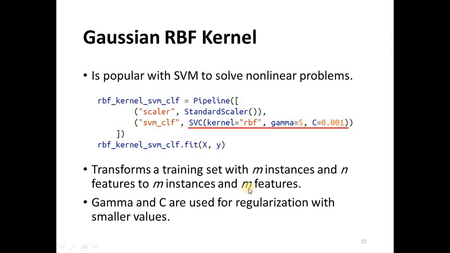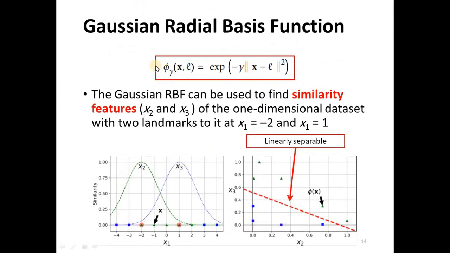We'll have as many features as there are instances, because there is an RBF feature for each instance.